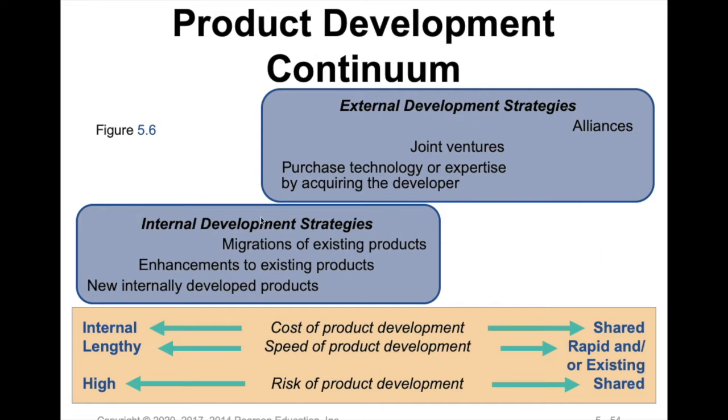If you look, there are two types of strategies, whether internal or external. Internal means you develop products within your organization by migrating existing products, enhancing your existing product, or internally innovating or developing new products.